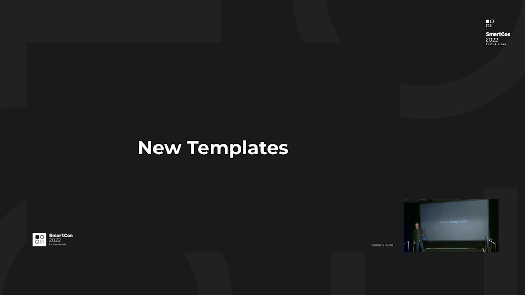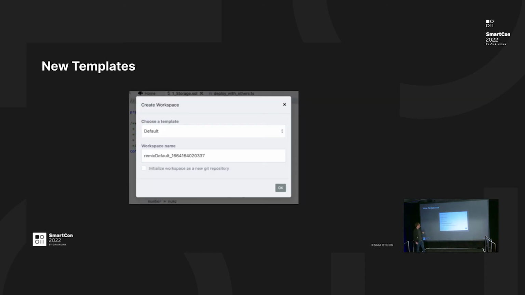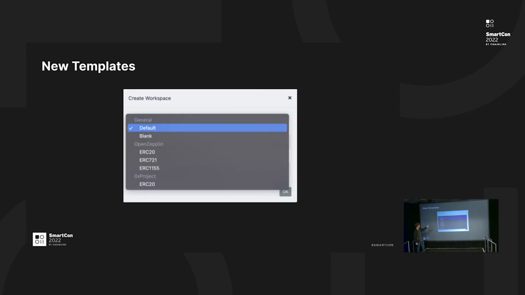And we've got a bunch of new templates. So when you make a new workspace, you can choose a new template. By the way, this is where you would initialize the Git repo for every new workspace you create. But here, if you want to choose a new template, this is default. But now we've got a whole bunch of them.